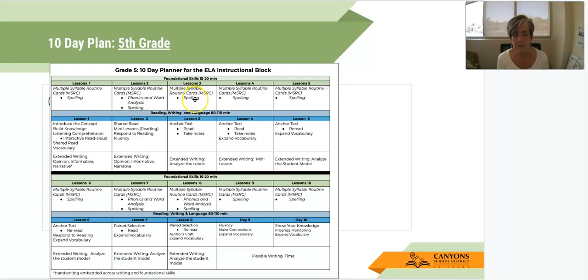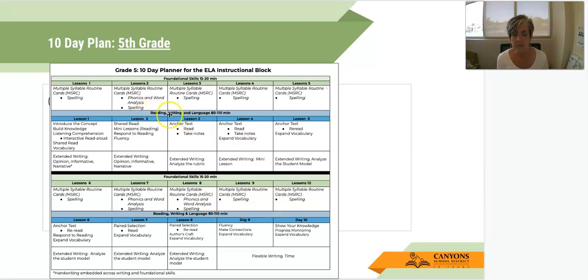We are then doing some spelling pieces with the MSRC, more spelling, and then we would cycle to lesson 6 here, where then we have some more things within Wonders to help us. In lesson 8, a few more things within Wonders, and then lesson 9 and lesson 10. So here are all of those components that you are working with.